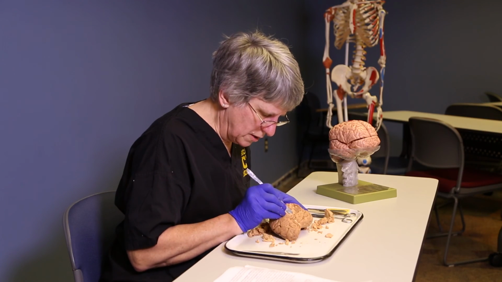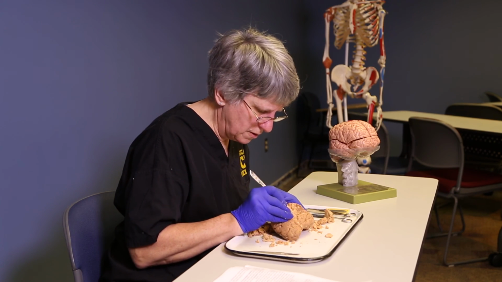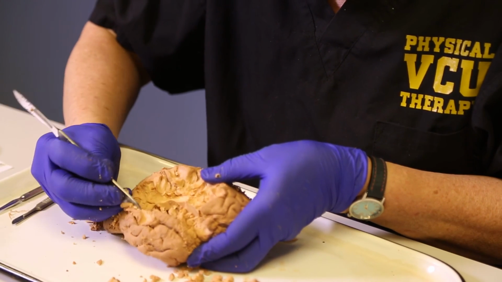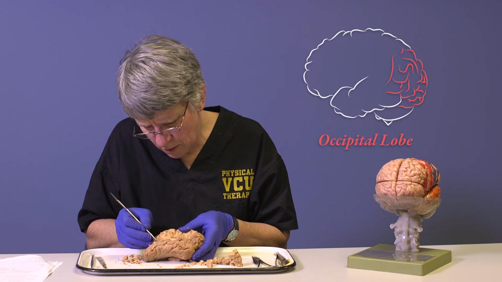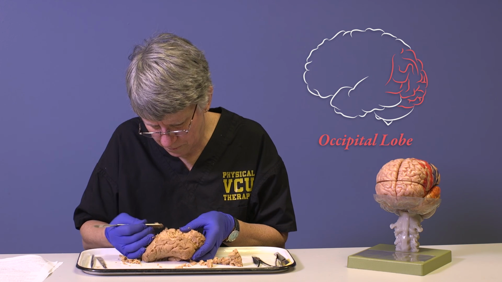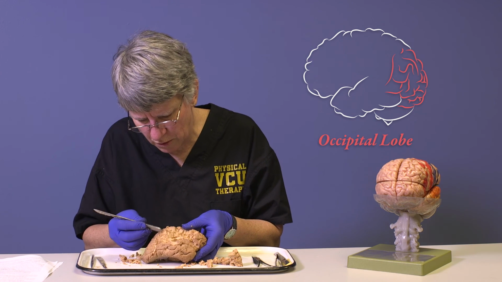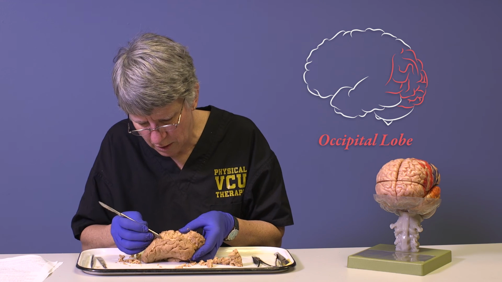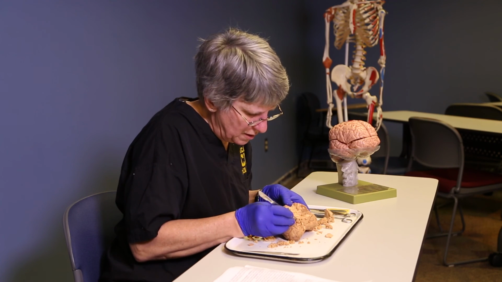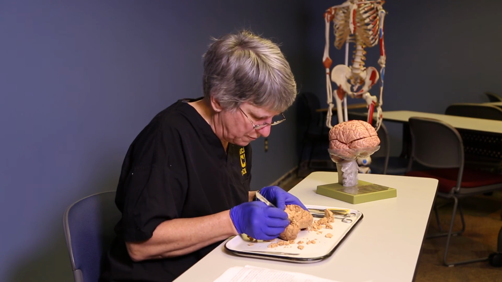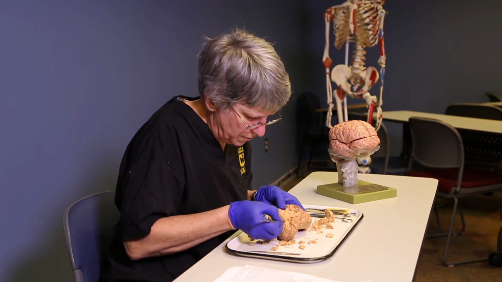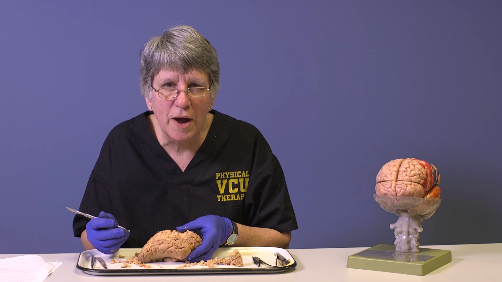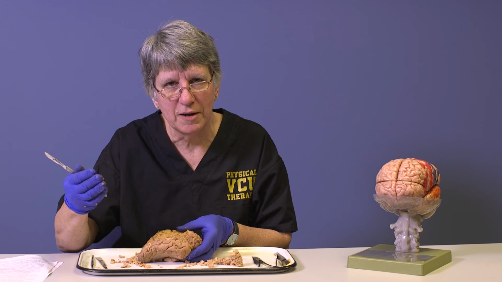Now, if we come back here a little bit toward the occipital lobe, the occipital lobe is where you have vision going on, whereas the parietal lobe is where most of the sensory integration is going on. So it's important that the occipital lobe also have fibers that can course up here to that parietal lobe, particularly because that's telling you where what you're seeing is happening.